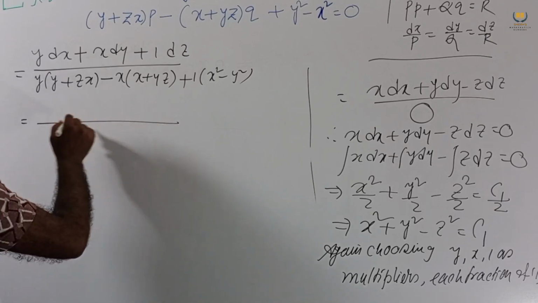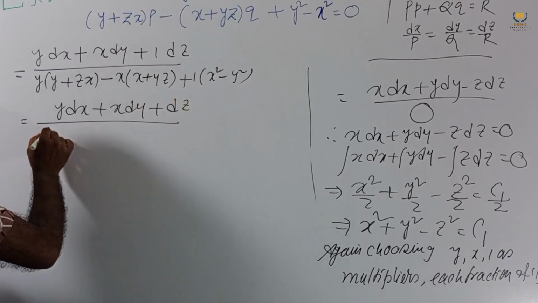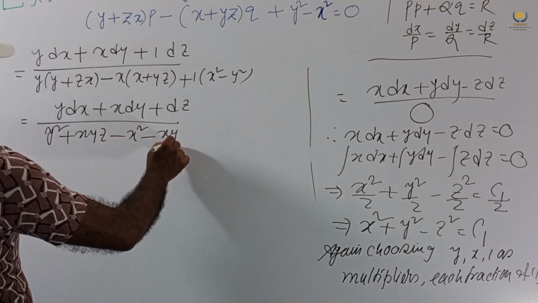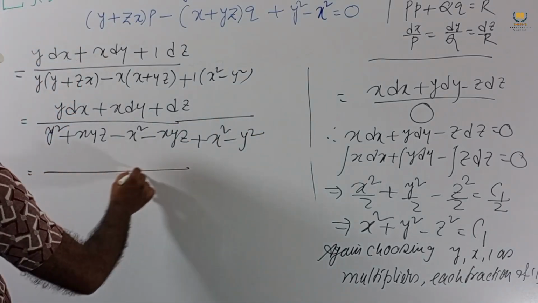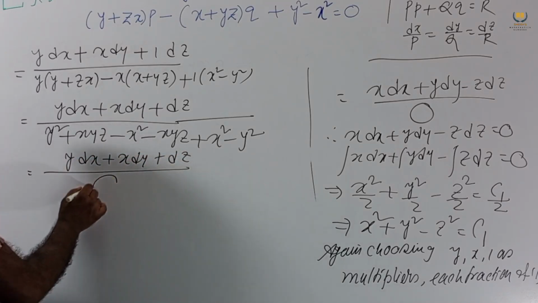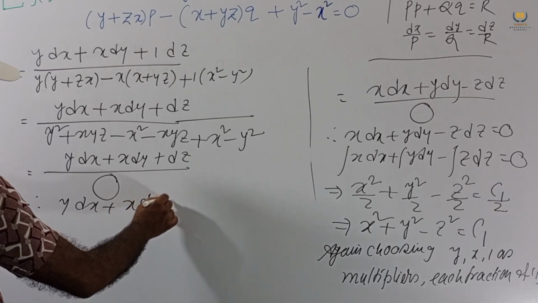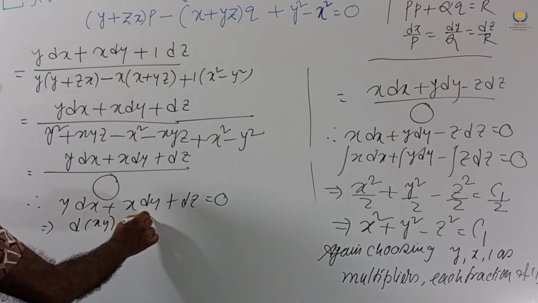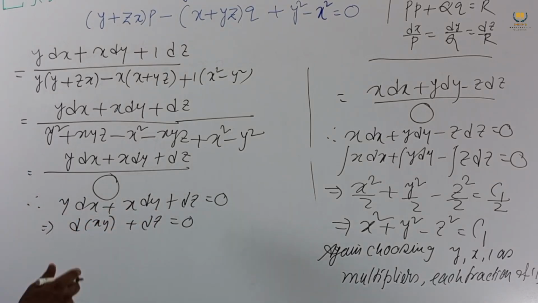So this equals (y dx + x dy + dz) over y² + xyz − x² − xyz + x² − y², and this equals (y dx + x dy + dz)/0. If the denominator is 0, then we can write y dx + x dy + dz = 0, and this can be written as d(xy) + dz = 0, because y dx + x dy is d(xy).